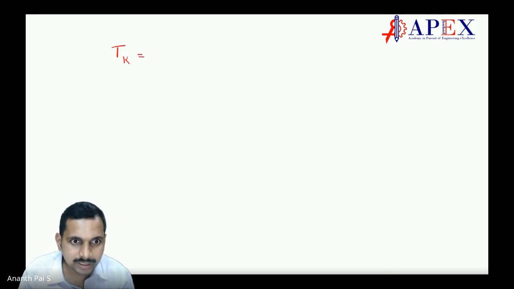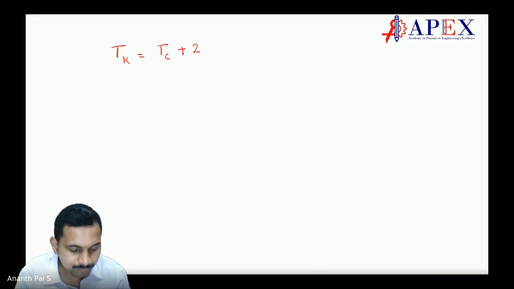Okay. Tk is equal to T in degree centigrade plus 273.15. I have to stay in English only. I should not converse in Kannada now. And 5/9 TR.